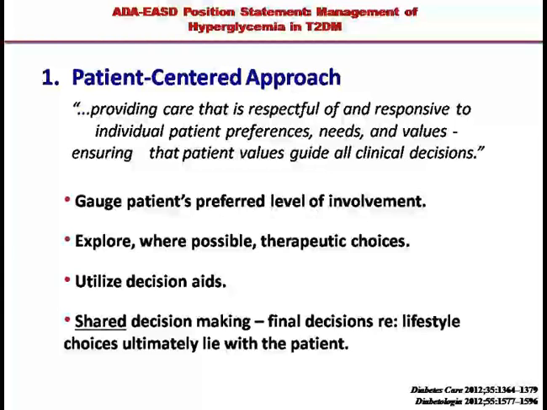Before you write the prescription, you must know how much money the person has in the pocket. There is no point in asking a person to take a DPP4 inhibitor if he cannot afford even a few rupees for the tablets. So you have to make a decision before you start the prescription, and that decision has to be shared by the patient.